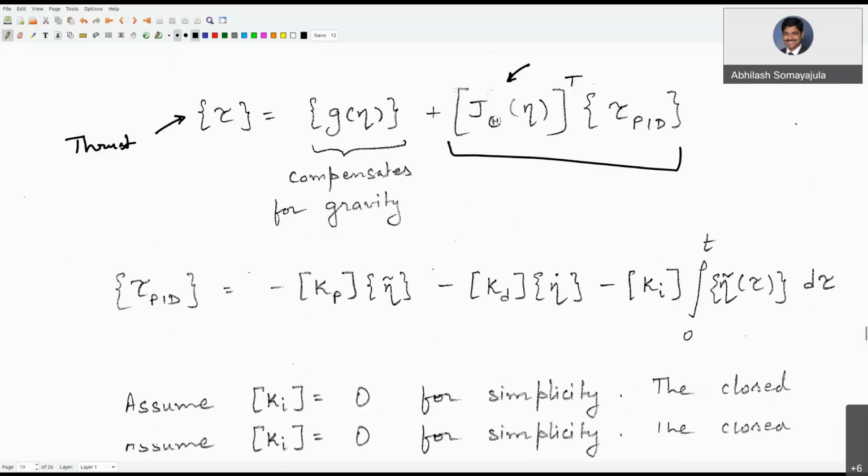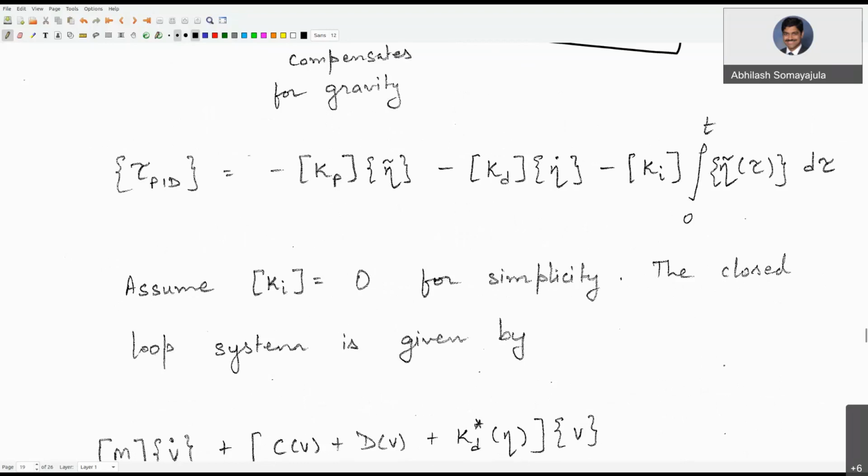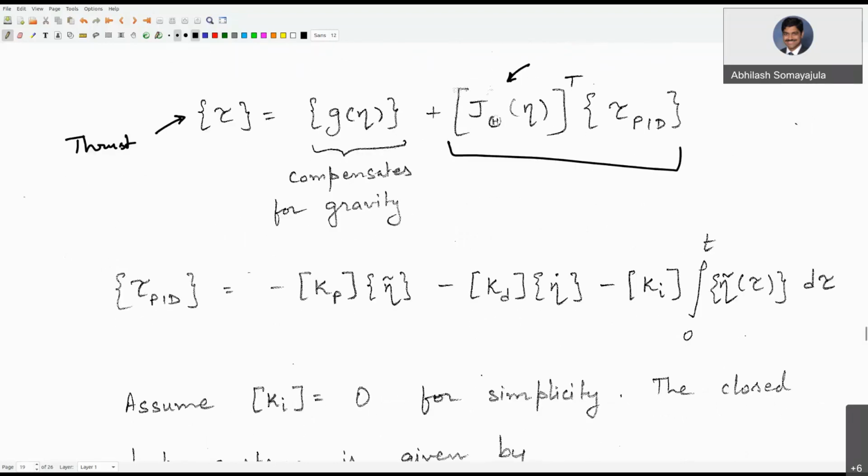So we specify our PID again in our usual form, whereas now instead of the scalar form, we have the vector form where Kp, Kd and Ki are gain matrices. So rather than being simple scalar gain values, these are gain matrices. You'll typically choose these to be diagonal matrices.